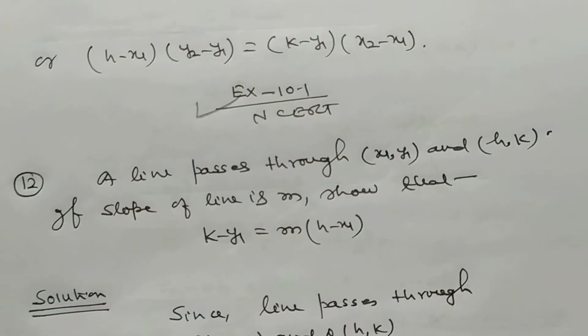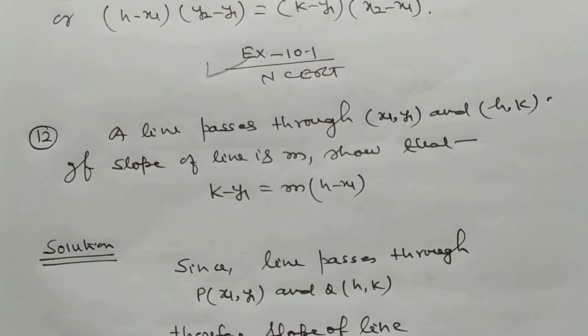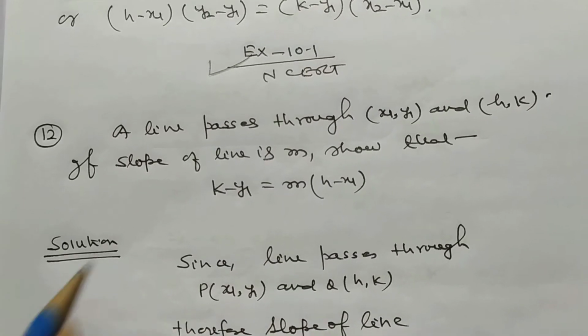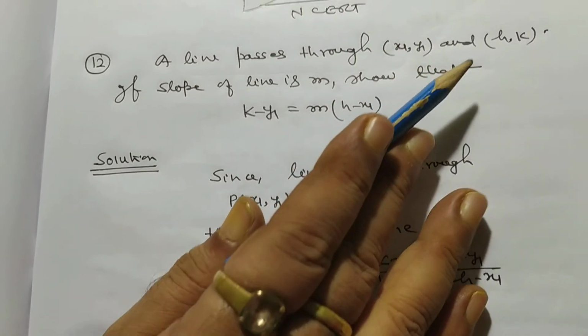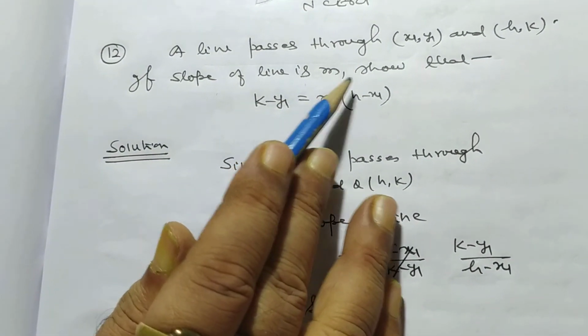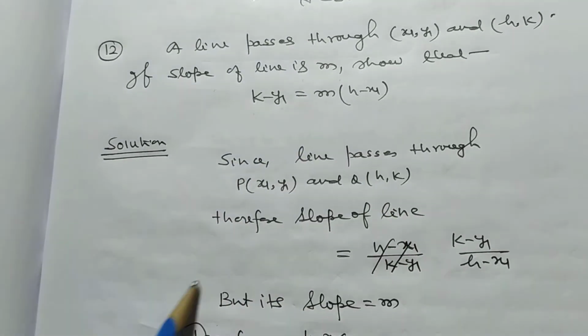Now, after explaining all these points, I want to discuss important problems of exercise 10.1 from the NCERT book. A line passes through (x1, y1) and (h, k). If the slope of the line is m, then k minus y1 is equal to m(h minus x1).